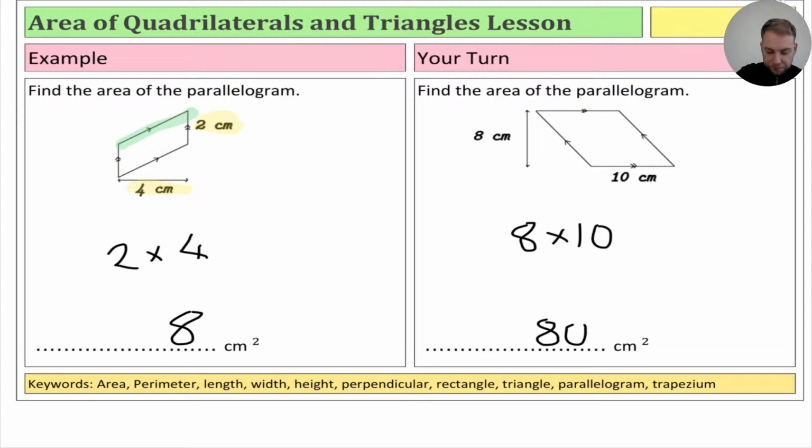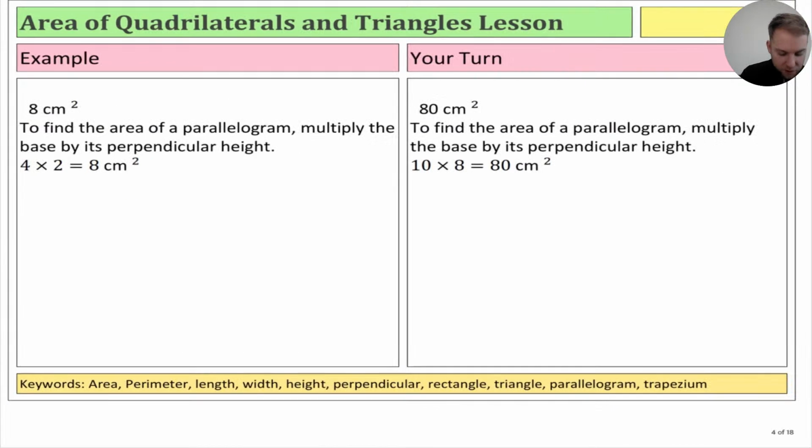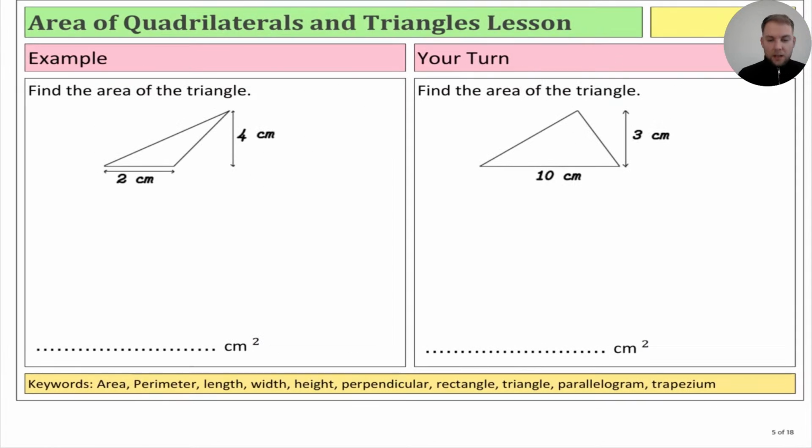Absolutely perfect. Alright, so the next one, let's have a look at this. Now, what does everybody always forget to do with a triangle? What did I always say people forget to do? Divide by 2, that's exactly it, yeah. So let's just make it really clear here. The area of a triangle is equal to your base times by the height, all divided by 2 there.